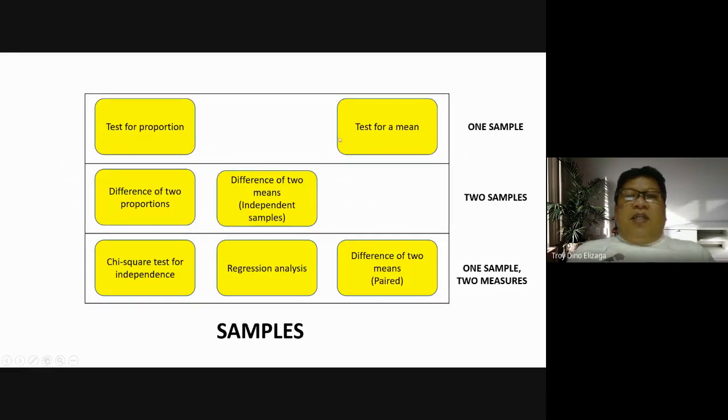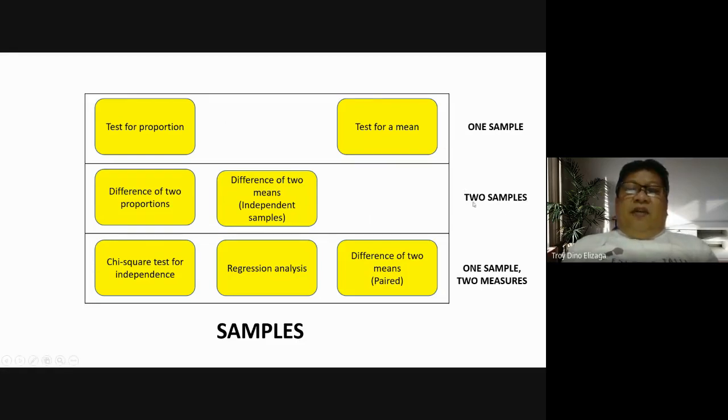Now, going back to the arrangement of the statistical tests earlier, if you only have one sample, the statistical tests that you will use are either test for proportion or test for a mean.